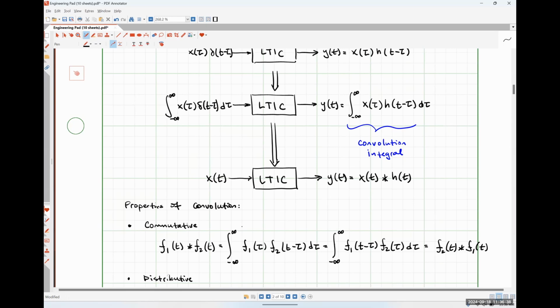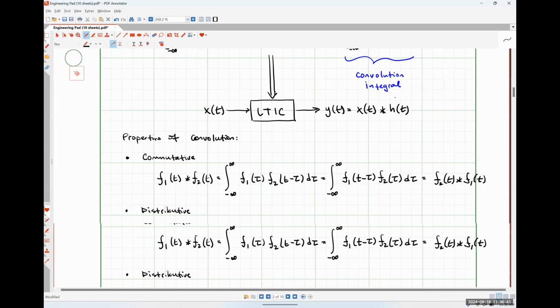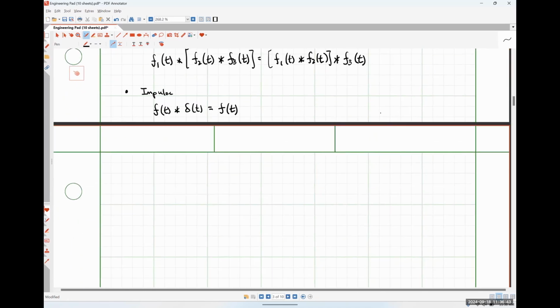So in electrical engineering, our definition of convolution becomes y of t is equal to the integral from 0 to t of x of tau h of t minus tau d tau.